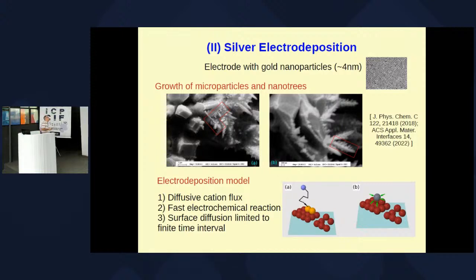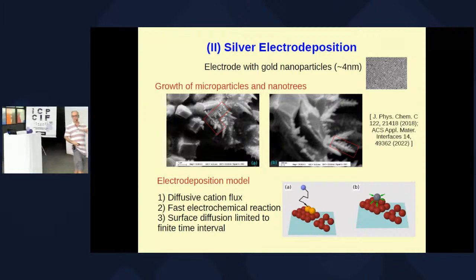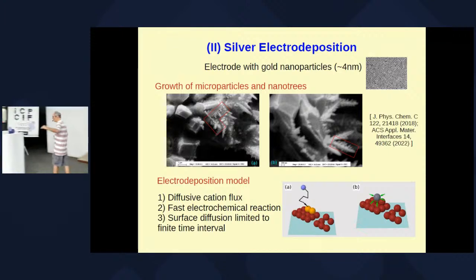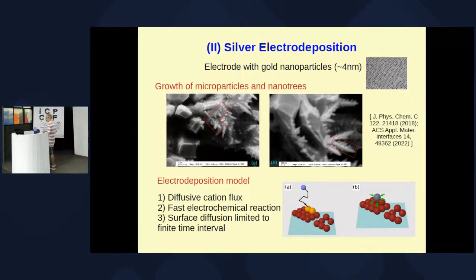One colleague from Sorbonne did the electrodeposition of silver on a substrate patterned with gold nanoparticles with average diameter of 4 nanometers, very small gold nanoparticles. They allow the nucleation of the silver electrodeposits, the silver deposit, at several points of the substrate.